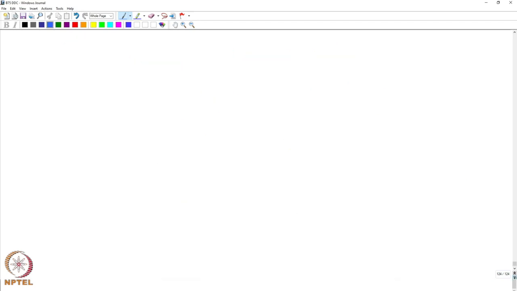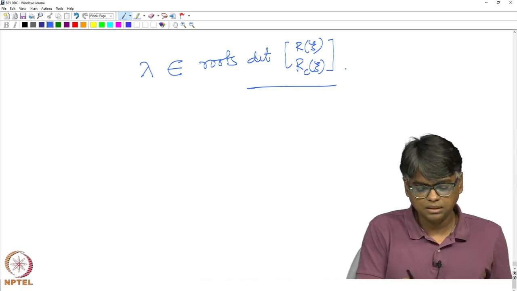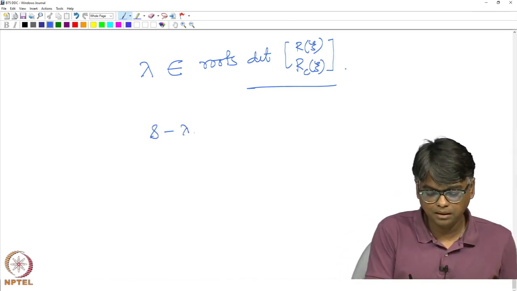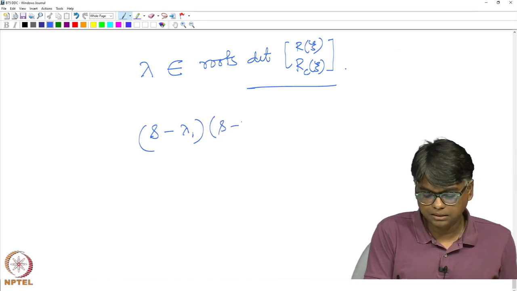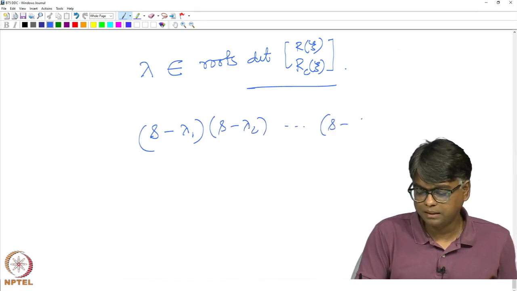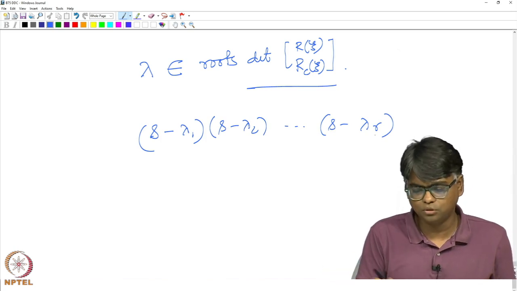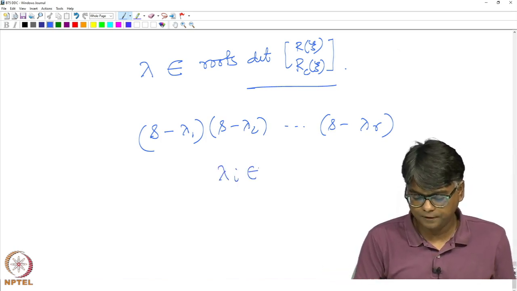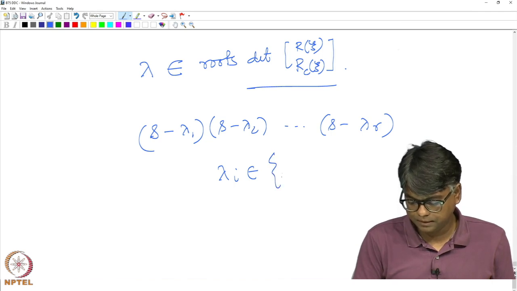These lambdas will always be there in the roots of the determinant of [R(ξ); R_C(ξ)], which already means that arbitrary pole placement is not possible, because of these factors (s minus lambda 1), (s minus lambda 2), up to (s minus lambda r), and perhaps their powers also, where these lambda i's are in this set.